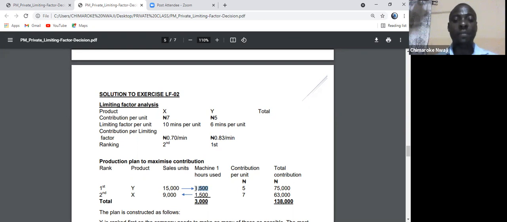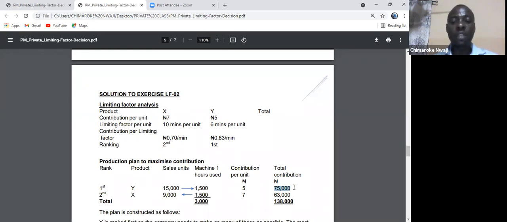Now, what is the contribution? I said the contribution per limiting factor is no more useful after we have done ranking. What is useful now is the actual contribution. And so Y contributes 5 naira. So when we multiply 5 naira by 15,000 units, we are going to get 75,000 as our total contribution.